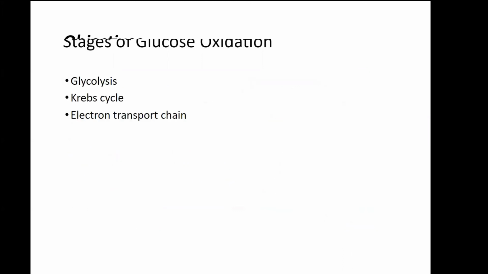Now, the actual steps. Our stages that we're thinking about are glycolysis, the Krebs cycle, and then oxidative phosphorylation using the electron transport chain. So we can think of those terms kind of equivalently. One is referring to what we're doing. Oxidative phosphorylation is referring to the fact that we're making ATP.